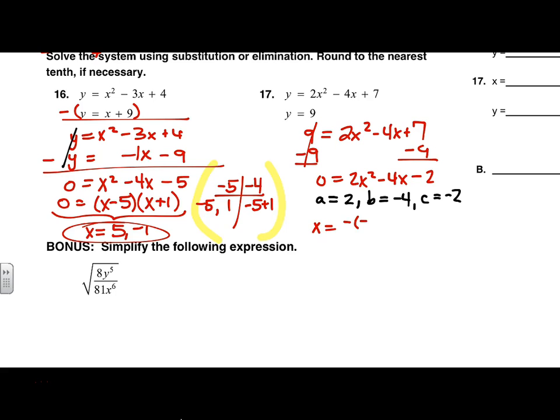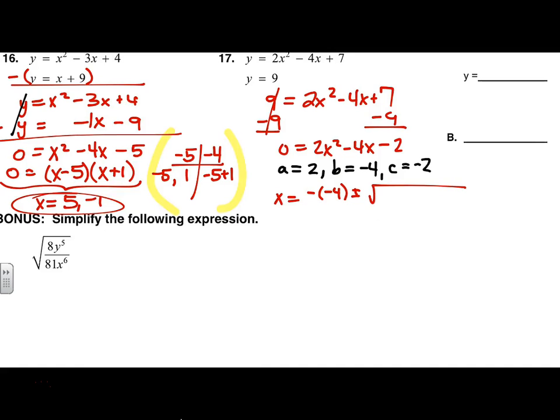X equals negative b, plus or minus the square root of b squared minus 4ac, over 2a. B is negative 4.